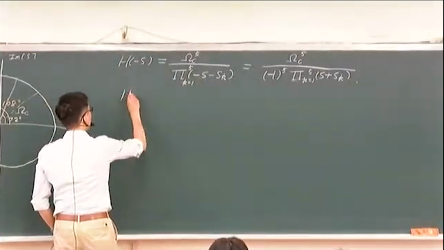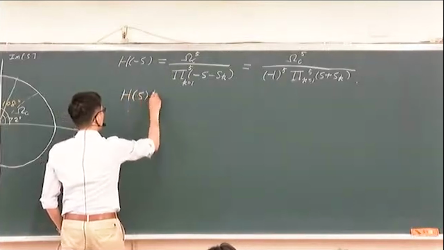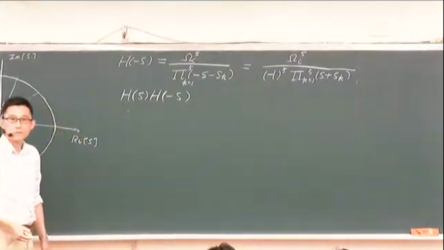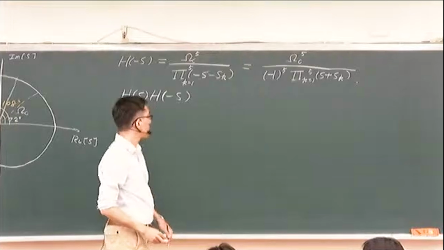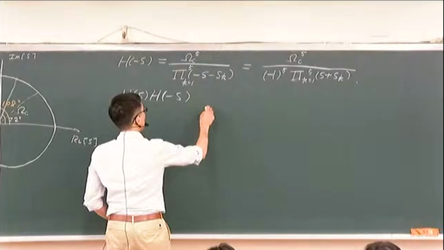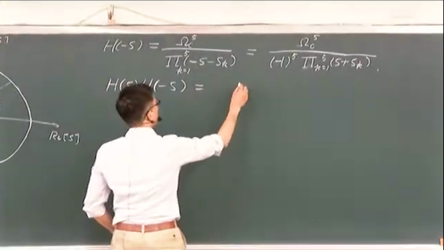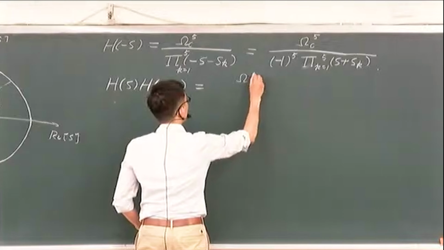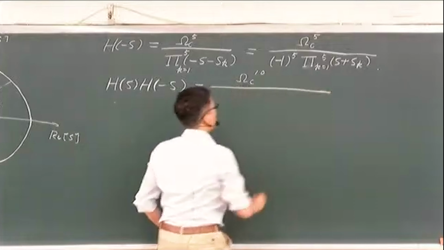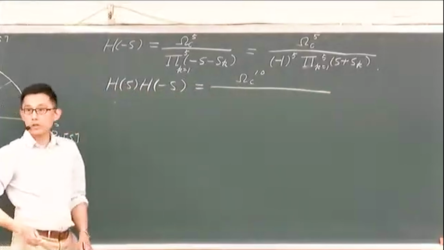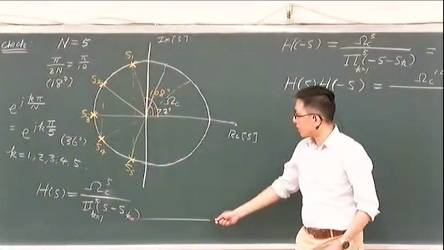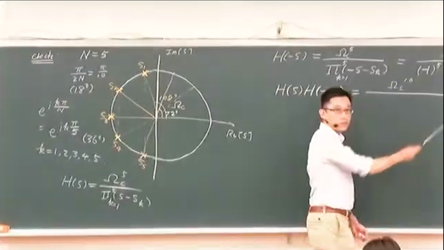And the next step is let's consider the product of HS with H of minus S. Now, we have omega C to the 10th power on top. The top multiplies, right? Now how about the bottom part? Here, the bottom part is S minus SK, and there, the bottom part is S plus SK.